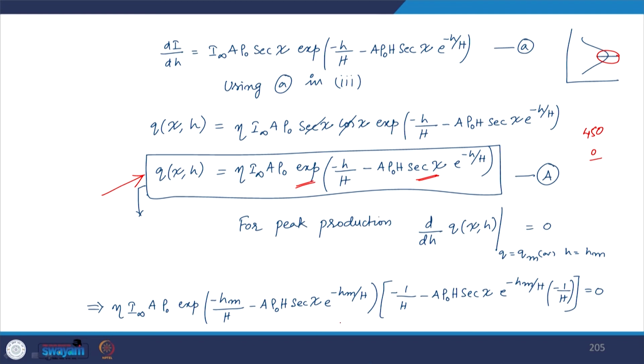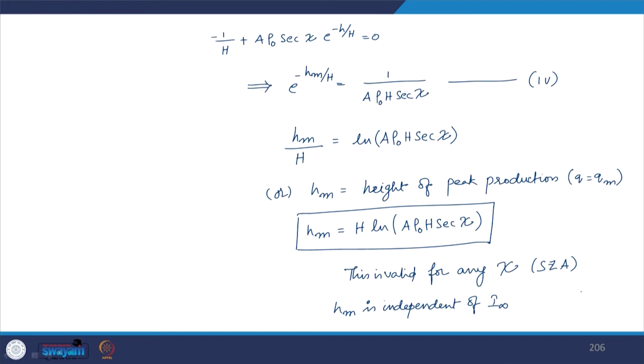The derivative appears lengthy, but upon simplification, making the derivative 0 and substituting the height small h to be hm, which is the height of peak production, we get hm equals H times ln of alpha rho naught H secant chi.